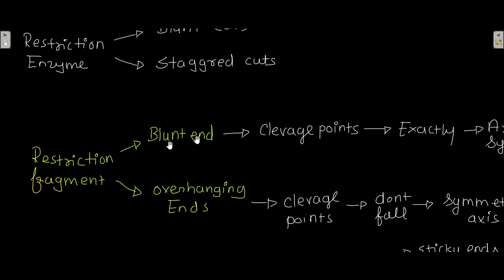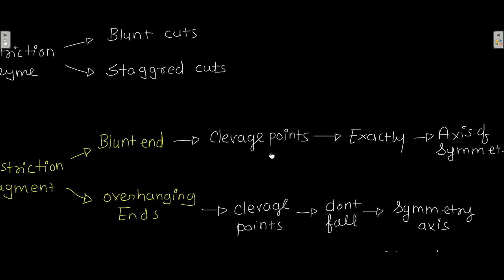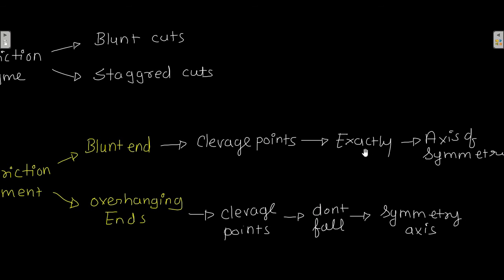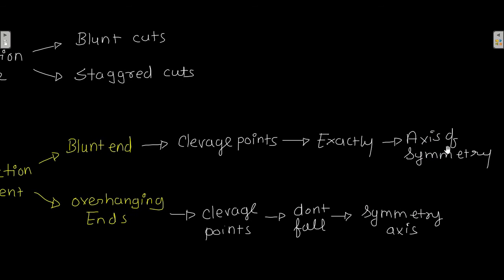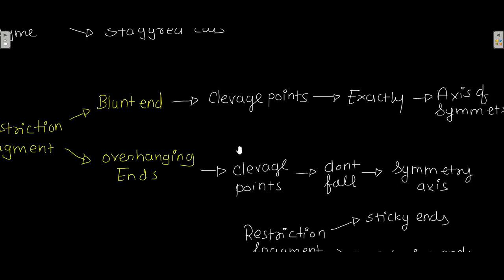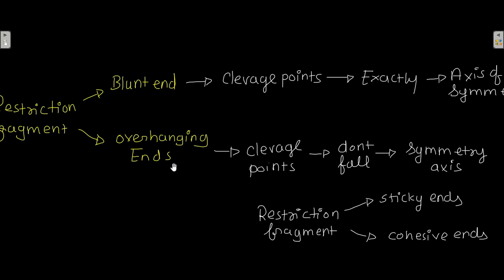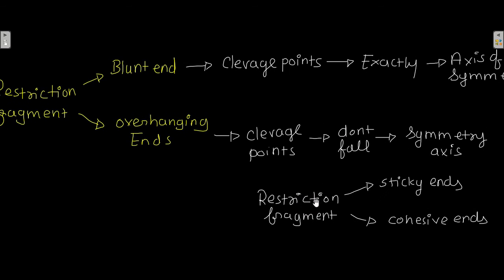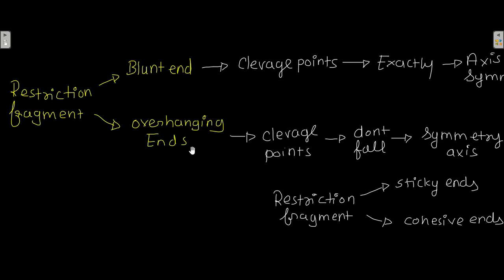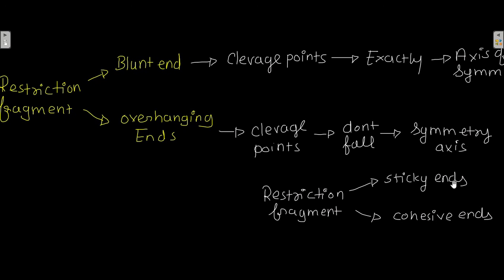Blunt end means the cleavage point is exactly at the axis of symmetry, and overhanging ends mean the cleavage points don't fall on the symmetry axis, and the restriction fragment generated has sticky ends or cohesive ends. These overhanging ends are also known as sticky ends or cohesive ends.